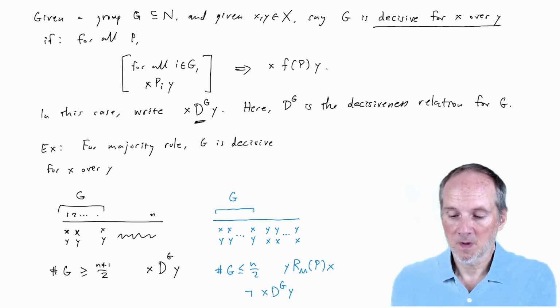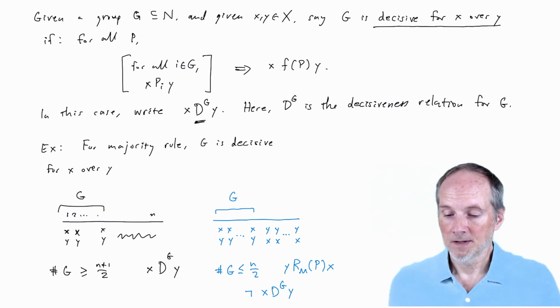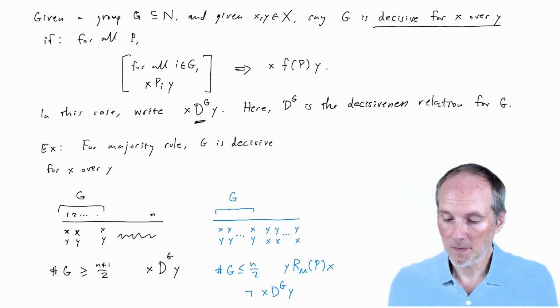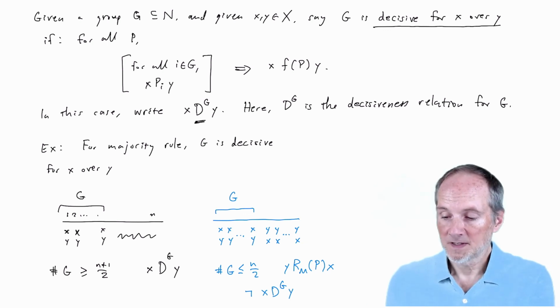You can imagine a social preference function that gives very small groups special power to decide between different pairs of alternatives. For majority rule, it's simpler. So that's the idea of decisive for X over Y.